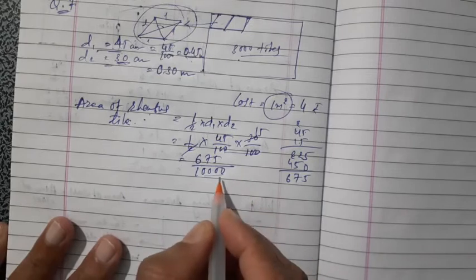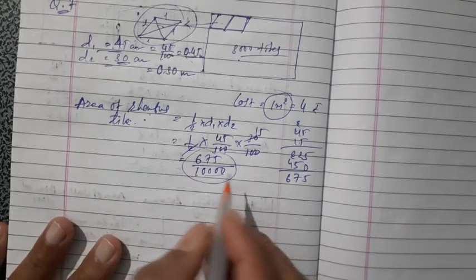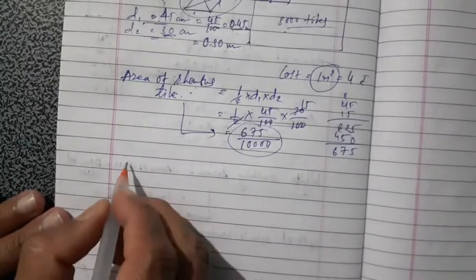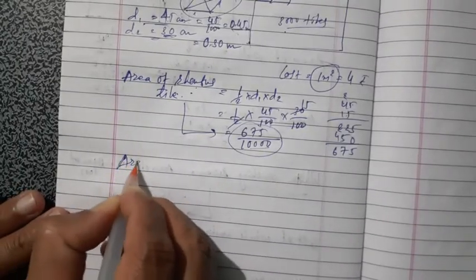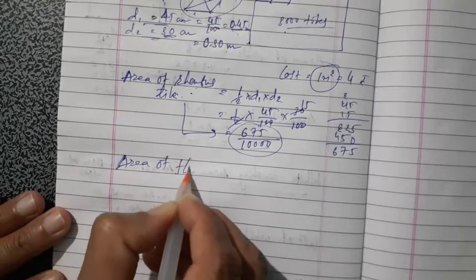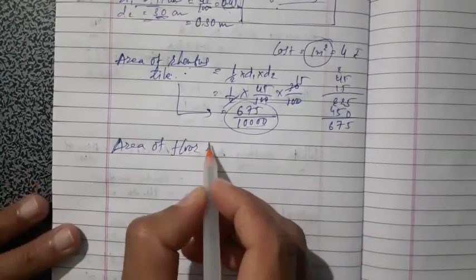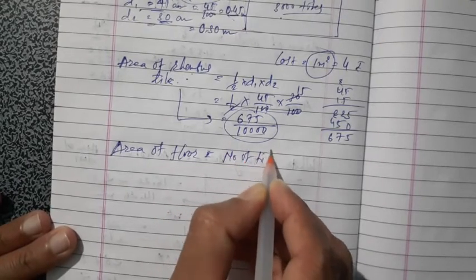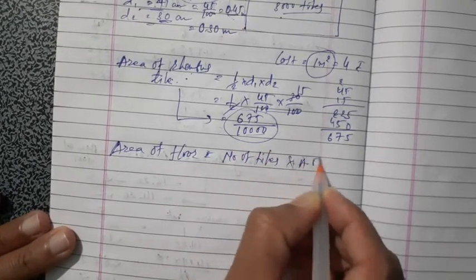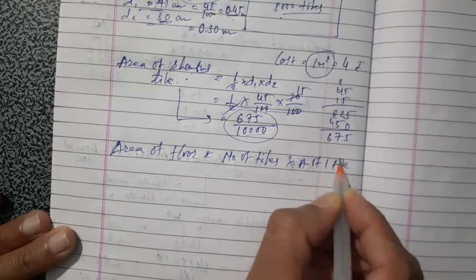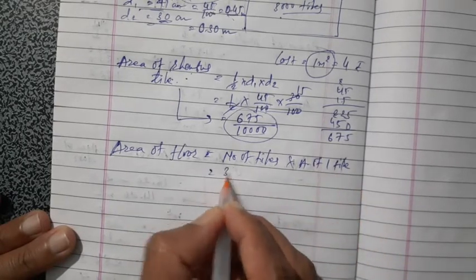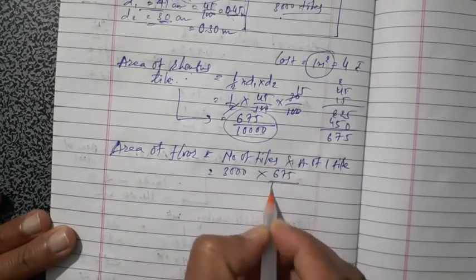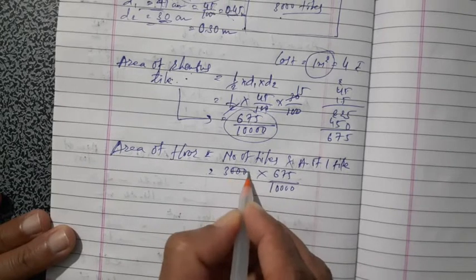Just convert into decimal, otherwise leave it as usual. Now the area of the floor equals the number of tiles into the area of one tile, so 3000 into 675 divided by 10,000.